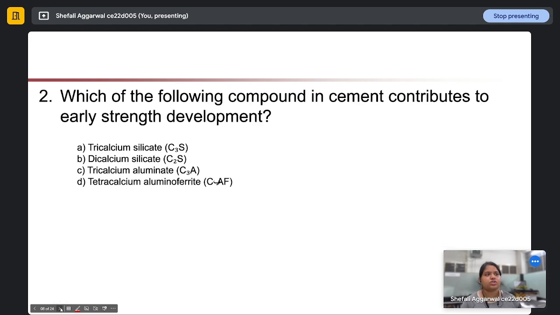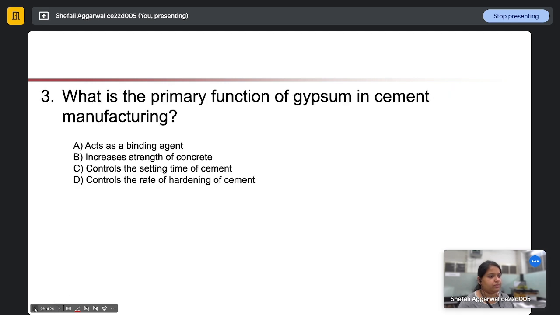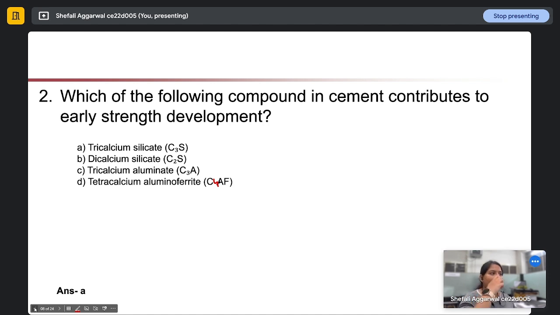The next question is, which of the following compounds in cement contributes to early strength development? Tricalcium silicate, dicalcium silicate, tricalcium aluminate, or tetracalcium aluminoferrite? This is C4AF. So mainly early strength is because of tricalcium silicate.